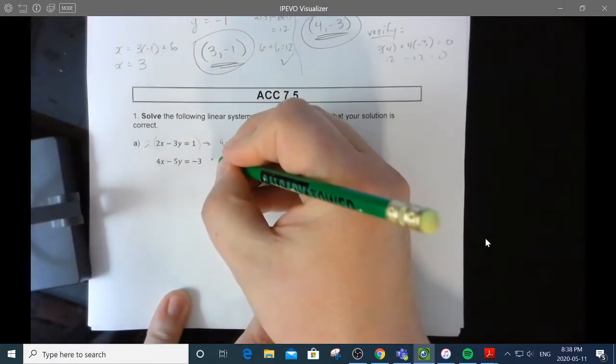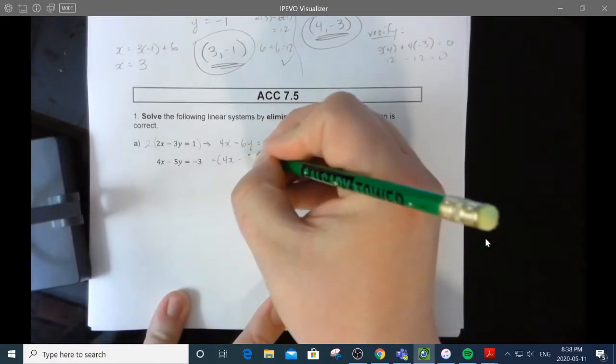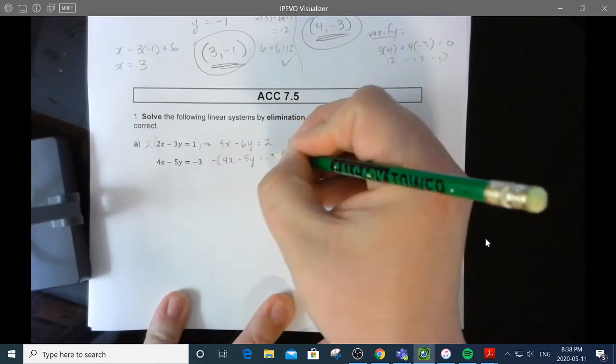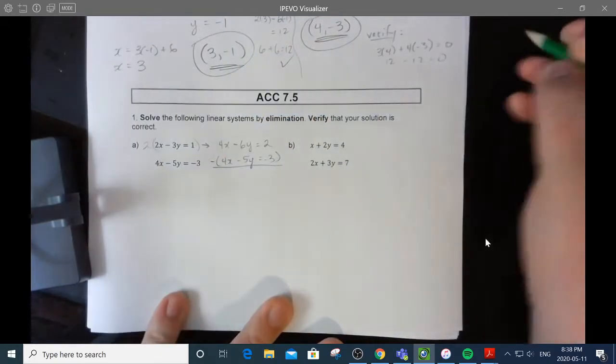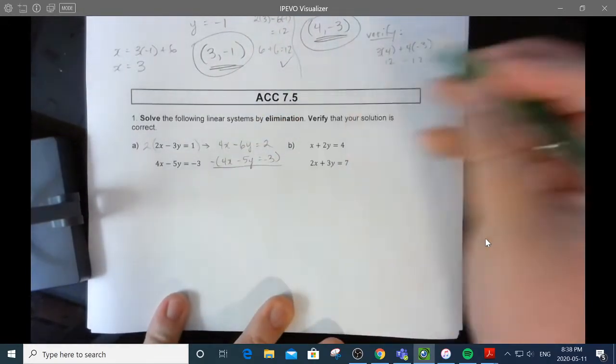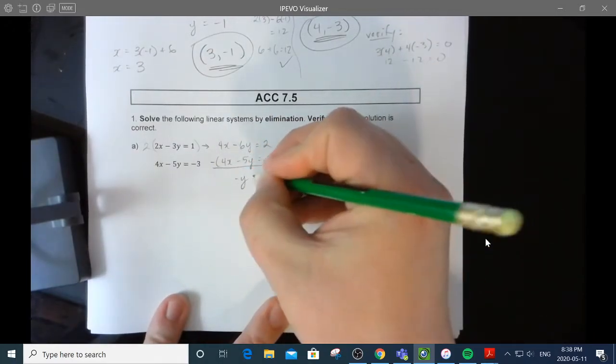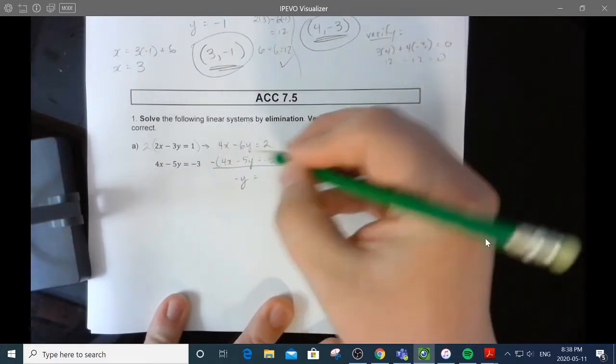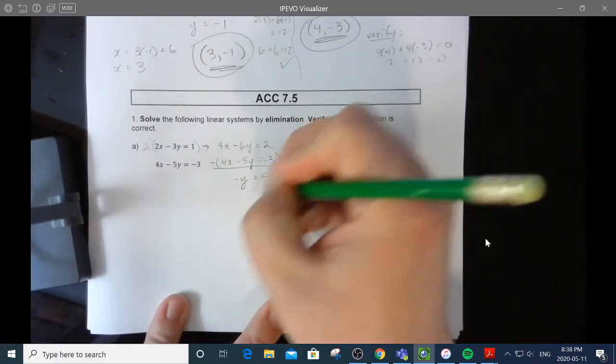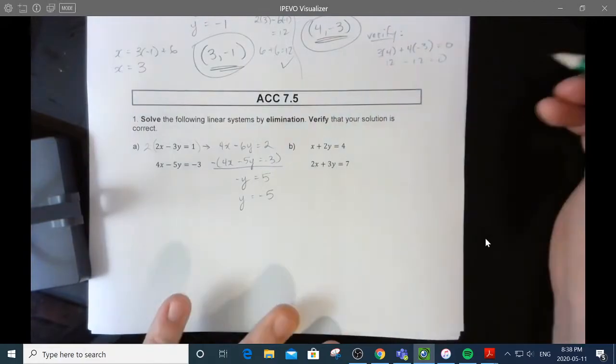And if I then subtract this entire equation, I will eliminate the x's. So 4x's minus 4x's is nothing. Careful here, negative 6y's minus negative 5y's is negative 1y's. And 2 minus negative 3 is 5. So y is equal to negative 5.